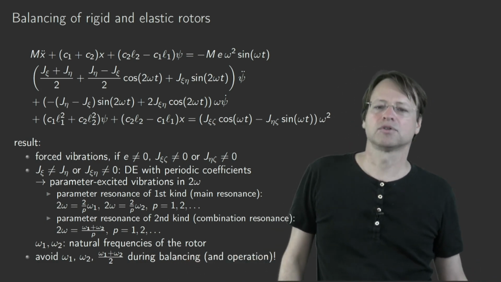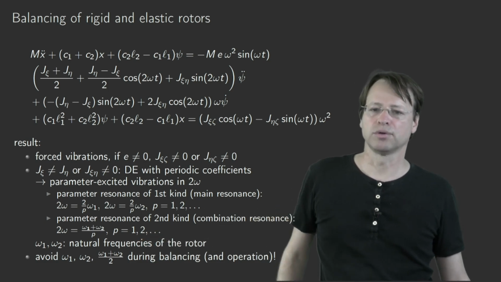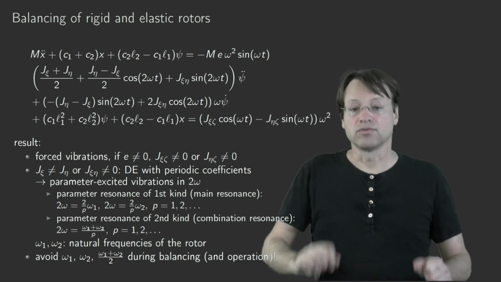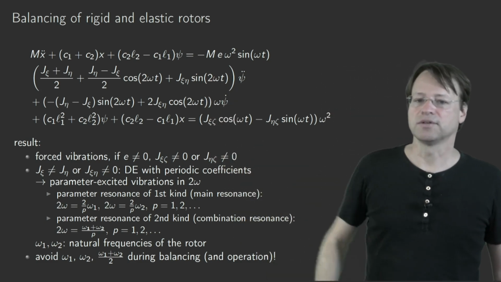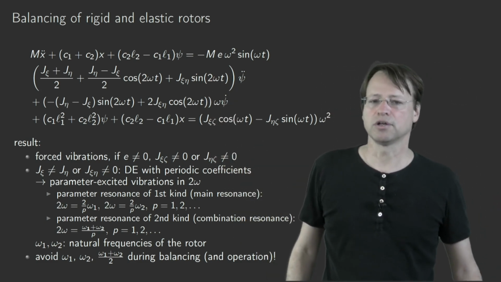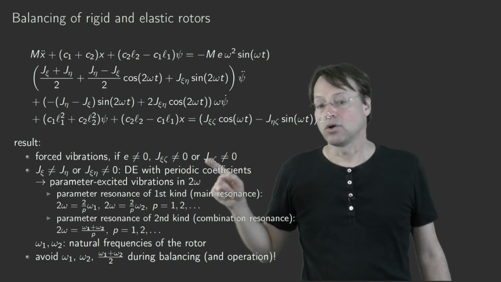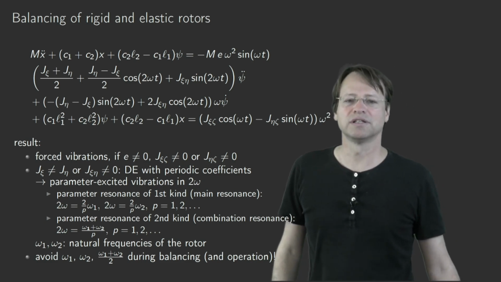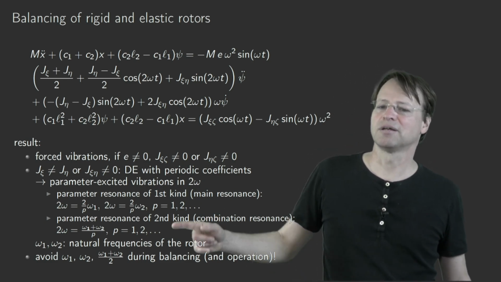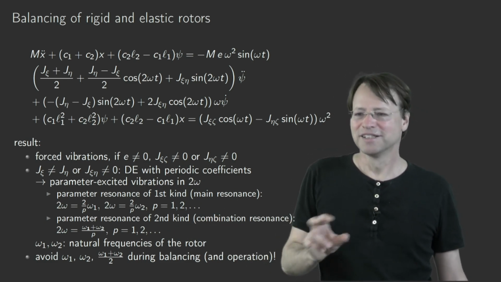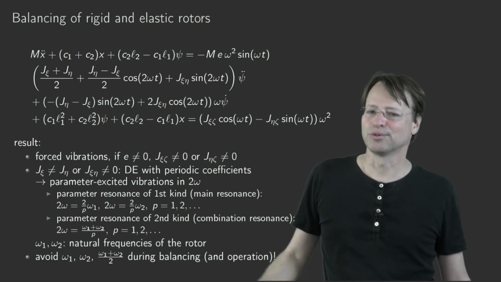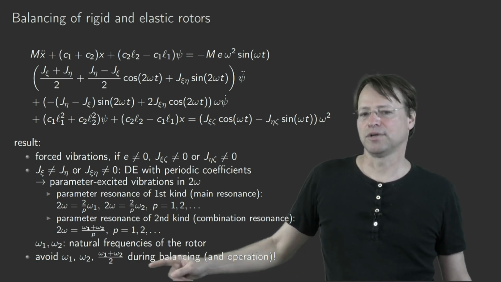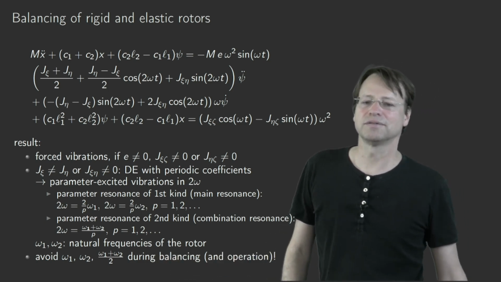It's not quite correct because for the Jeffcott rotor, omega 1 and omega 2 were very close together. They're just the effect of non-circularity. Here, of course, it's a 2-degree of freedom system. You could have omega 1 and omega 2 that are quite different. But also, it makes sense to add, if you have two natural frequencies, just to add them and divide them by 2. And don't try to operate the rotor in this range for omega, for the rotational speed.